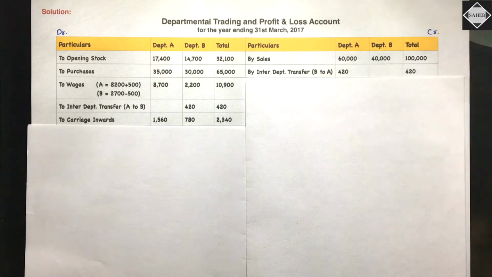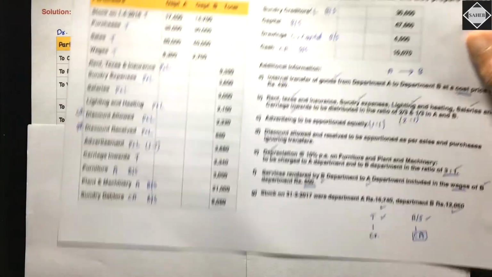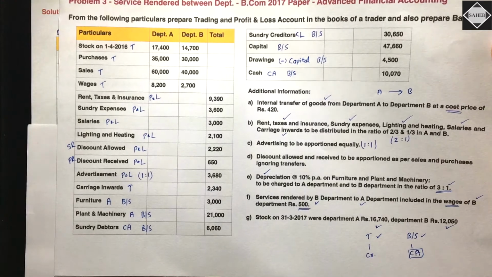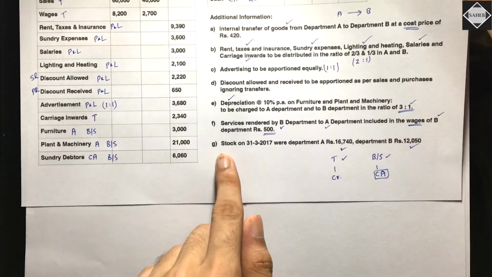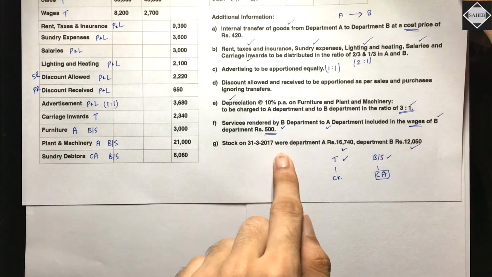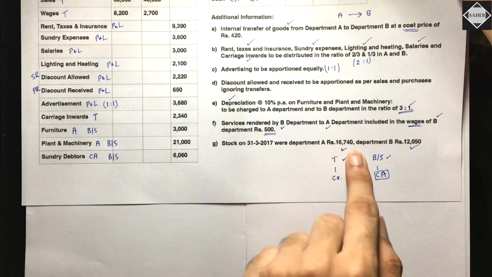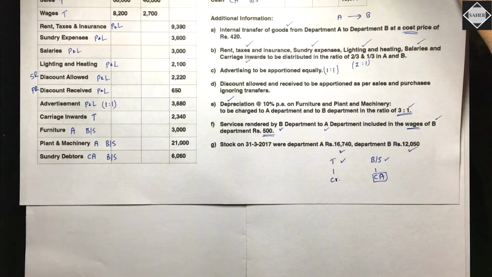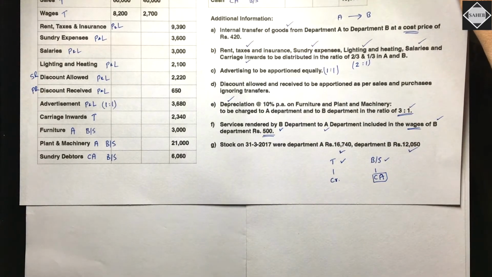After this, do we have any more direct expenses? No, we don't have any more direct expenses, right? So we can see the closing stock now. See here, the last adjustment, stock on 31st March 2017. On the year end, the stock was rupees 16,740 and rupees 12,050 for the department B. So what do we do of the closing stock adjustment?